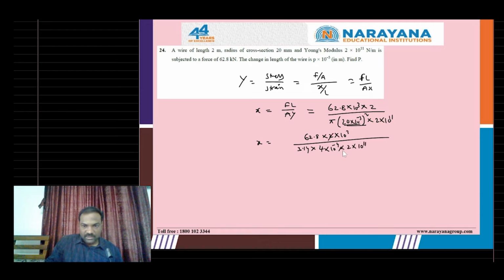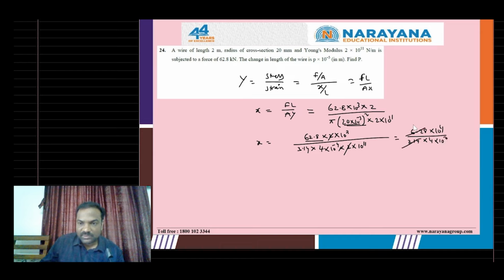Now see what is going to be cancelled out. These two will cancel out. This part I can write as 6.28 into 10 power 4, modifying the power a little because 62.8 is there. So this is 3.14 multiplied with 4 into 10 power 7.